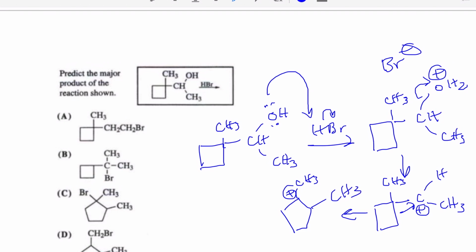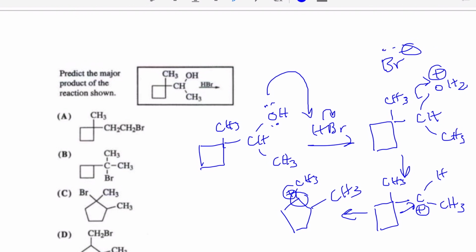And the reason why we have that plus sign is because this carbon corresponds to this carbon. So whenever it lost its original bond, it did not have a fulfilled octet, so that's why it has a positive charge. And now here's where the bromine comes into play.